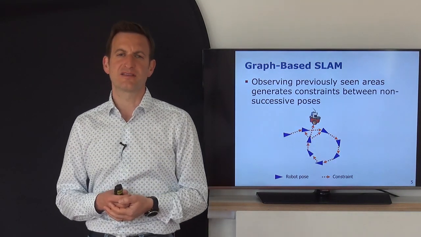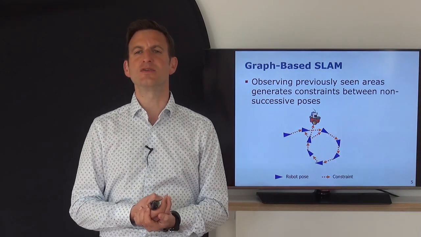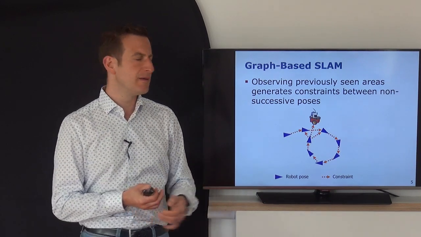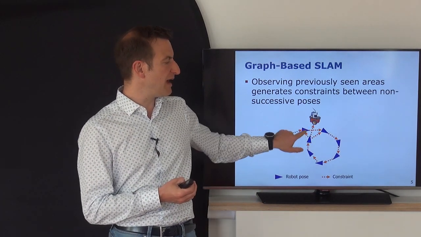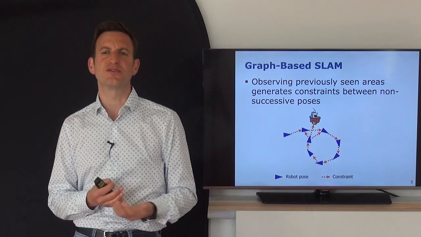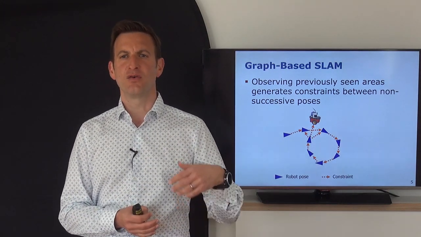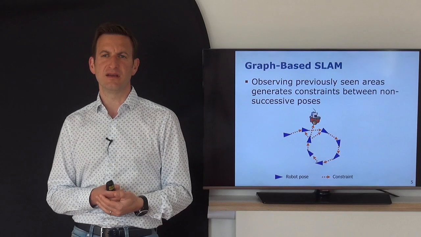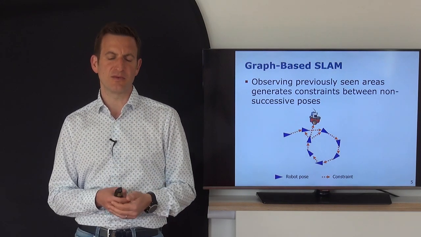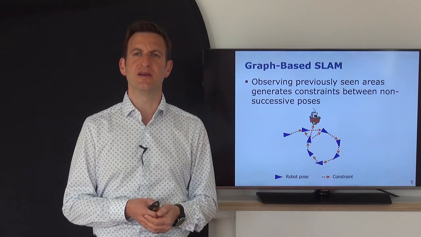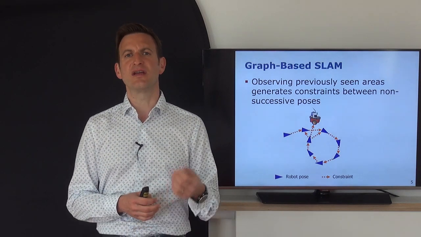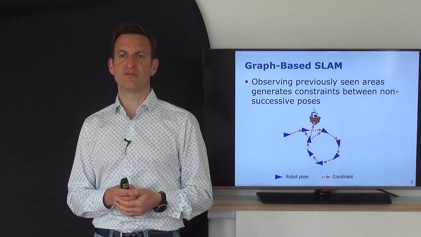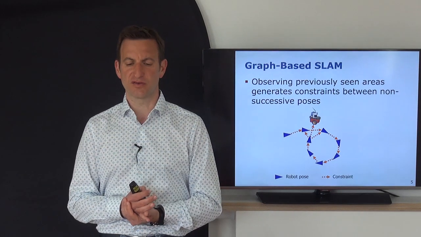In the last lecture on ICP, I referred to this as virtual constraints or virtual observations. And this is exactly those edges over here, those soft constraints. So by revisiting places where we've been before, or re-observing previously seen areas, we can generate these constraints between non-successive poses, these kind of loop closures, so to say.